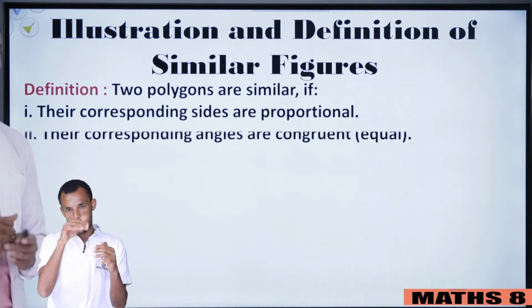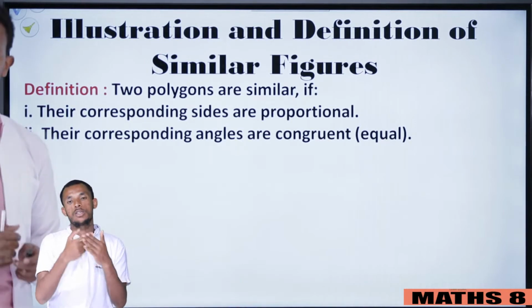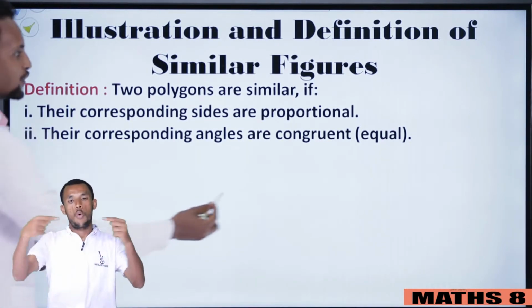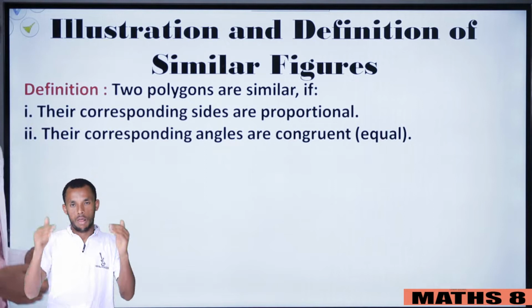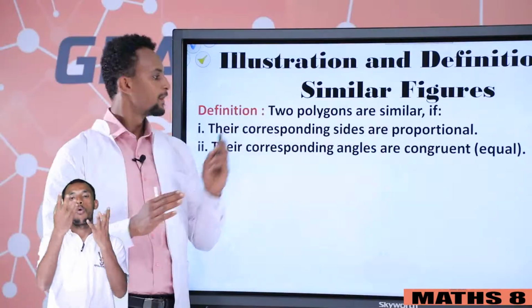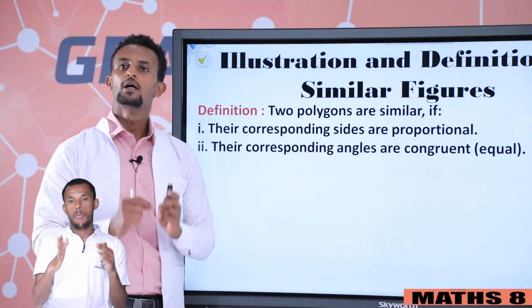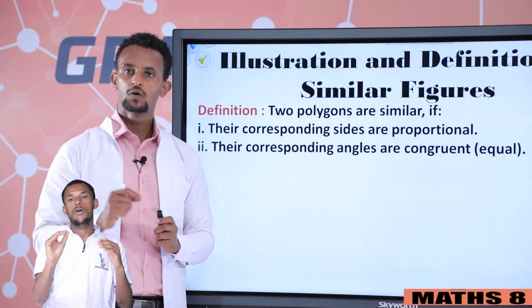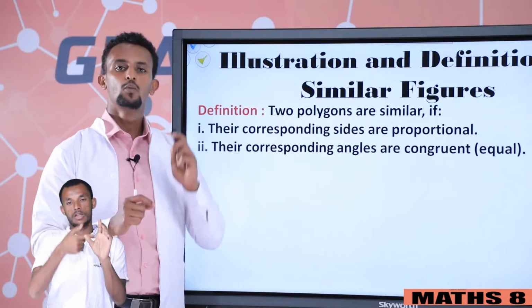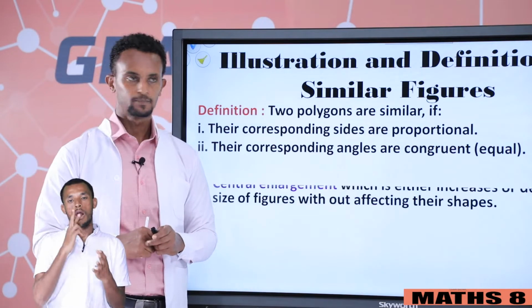The second one, their corresponding angles are congruent. Congruent means, in other words, equal. Therefore, if 2 polygons have corresponding sides that are proportional and corresponding angles that are congruent or equal, then we can say the 2 polygons are similar.